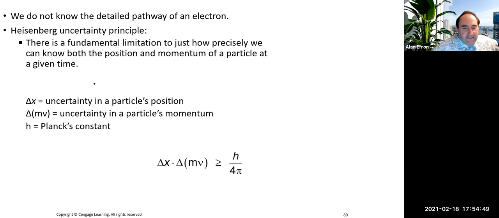There it is. So the Heisenberg uncertainty principle is the idea that we will never know both the position and the momentum of a particle at any given time.